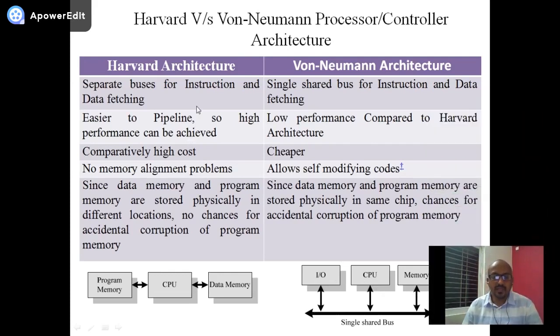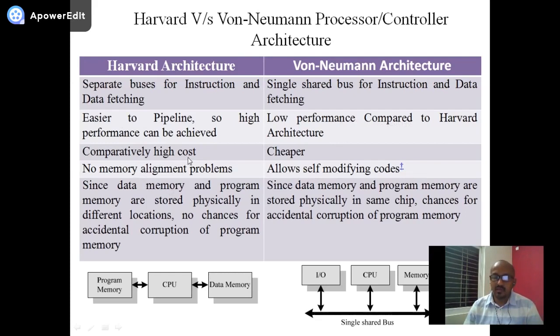So we will make out the differences. The Harvard architecture has separate buses for instruction as well as data fetch, as you see in the block diagram. In von Neumann, a single bus is shared. Harvard is easier to pipeline, while von Neumann has lower performance compared to Harvard.